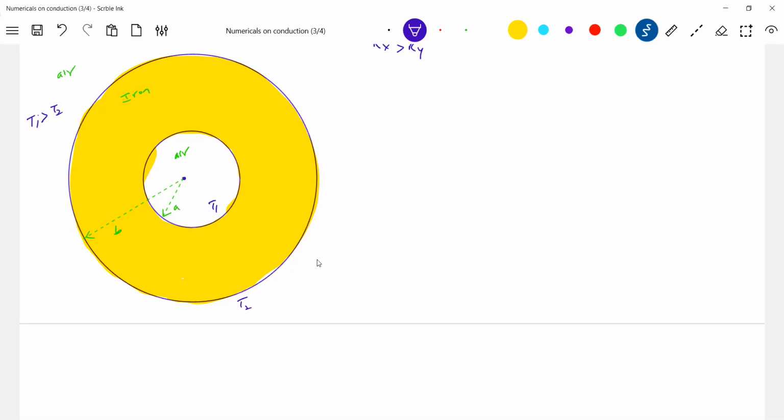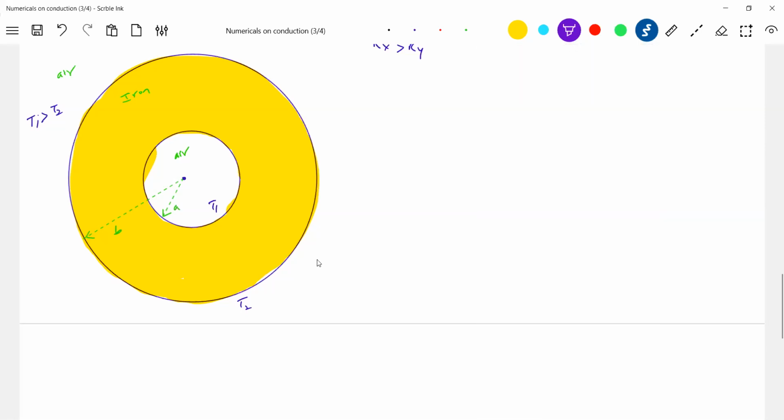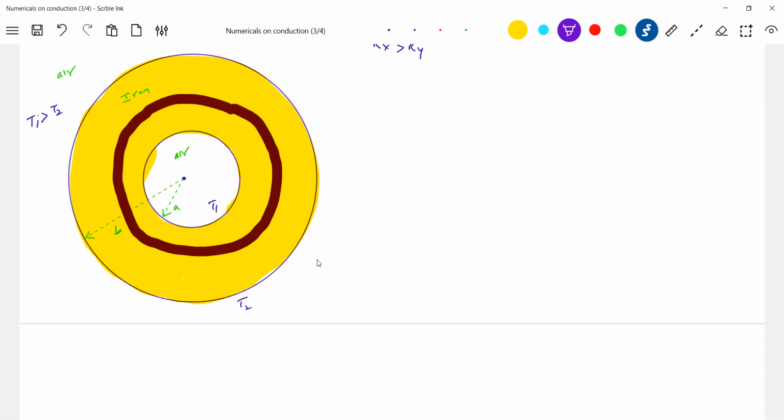How will the heat flow? It will flow radially outward. So for this purpose, I'll assume a thin shell. Now you have to ask a question for the teacher: why are you assuming a thin shell? First, how will the heat flow?